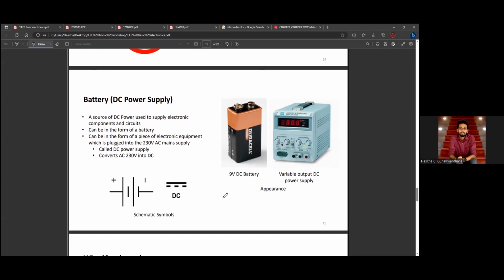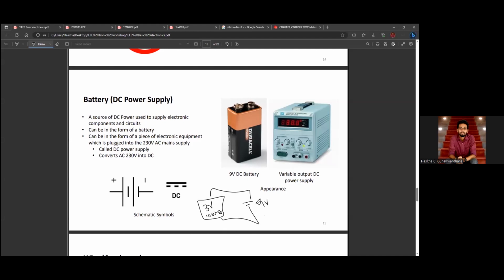For example, say our circuit needs 3 volt and 100 milliampere, and we have a 9 volt battery. If we connect it like this, the circuit can be damaged.